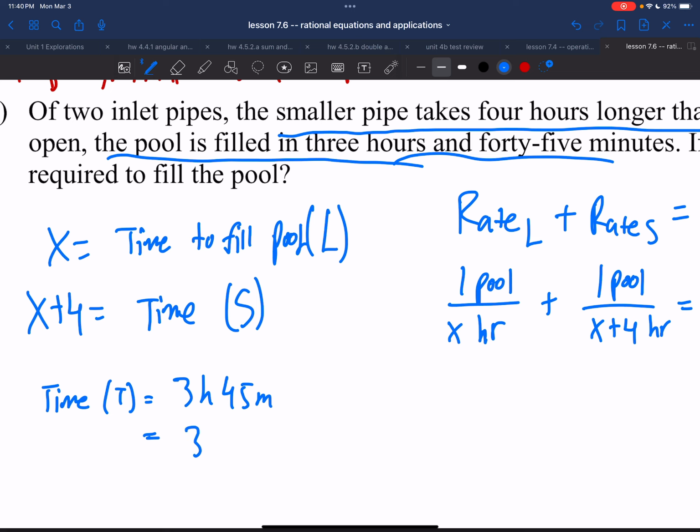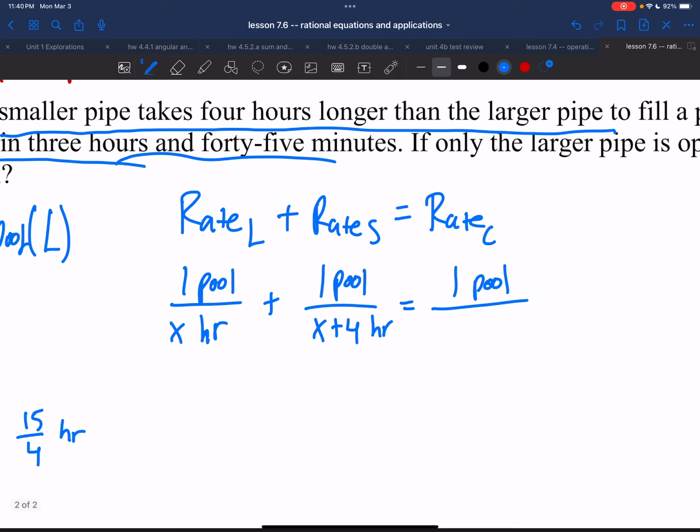That's 3 and 3/4 of an hour, which, 3 times 4 is 12, plus 3, is 15/4 hours. Okay? So the combined rate is 1 pool per 15/4 hours.